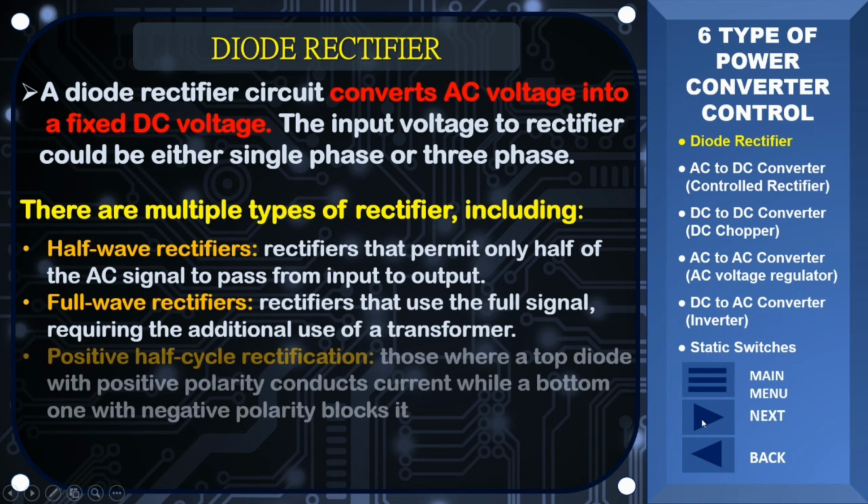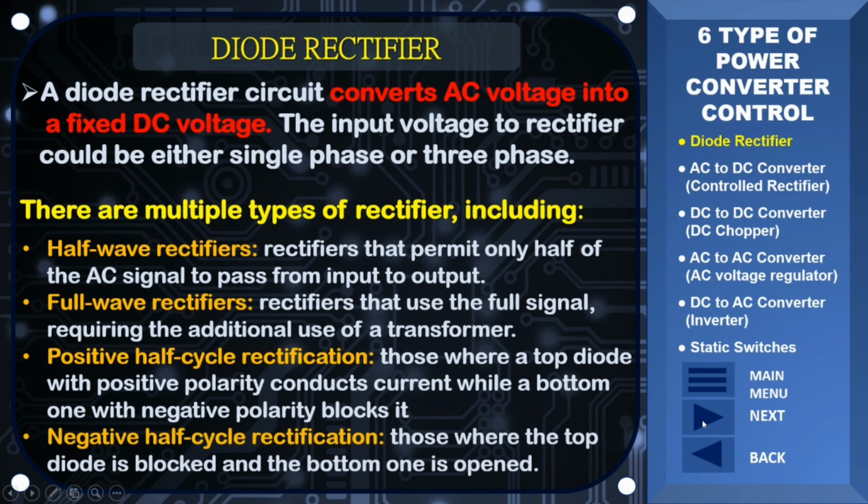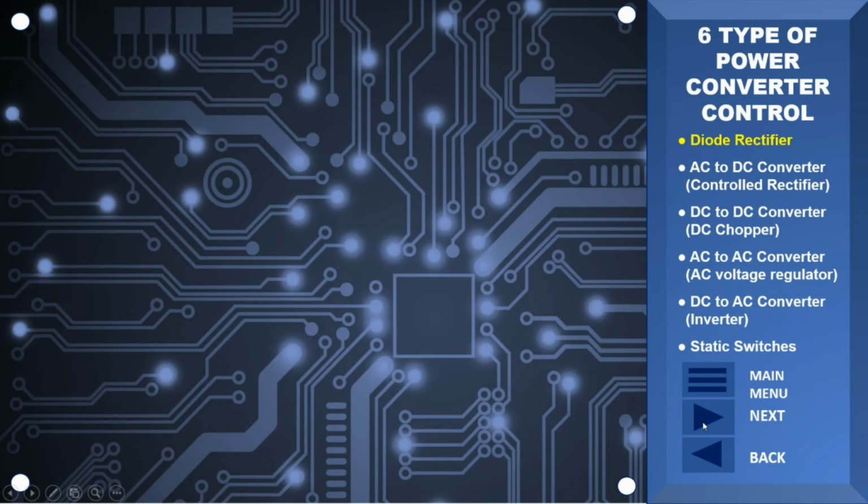Positive half-cycle rectification, those where a top diode with positive polarity conducts current while the bottom with a negative polarity blocks it. The negative half-cycle rectification, those where the top diode is blocked and the bottom one is open.